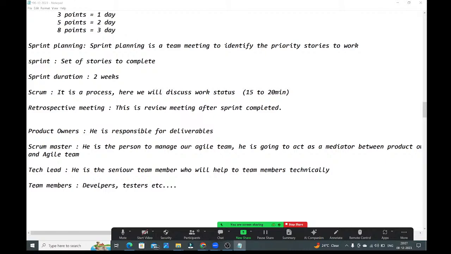First, you need to inform the Scrum Master in the Scrum meetings. Suppose any requirement changes are there, you need to tell the Scrum Master. They will check with the product owners, and he will ask to update those things in the design documents and so on.